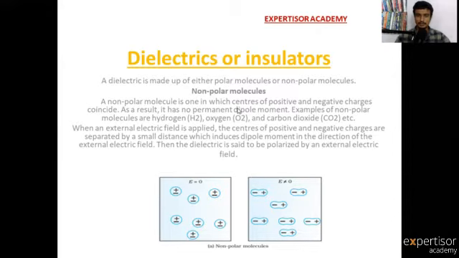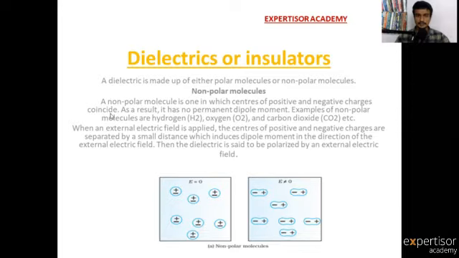What is the meaning of non-polar molecules, and how do the charges align in these non-polar molecules when you connect the external field? A non-polar molecule is one in which the centers of positive and negative charges coincide.